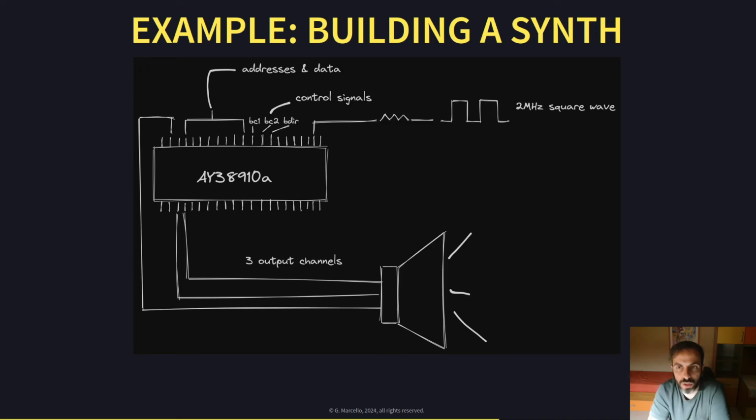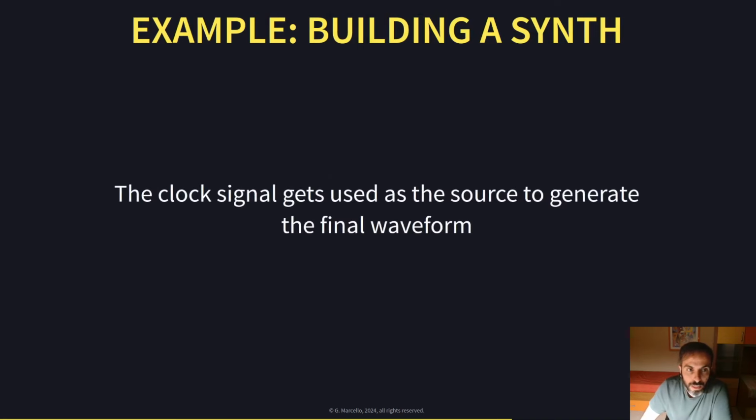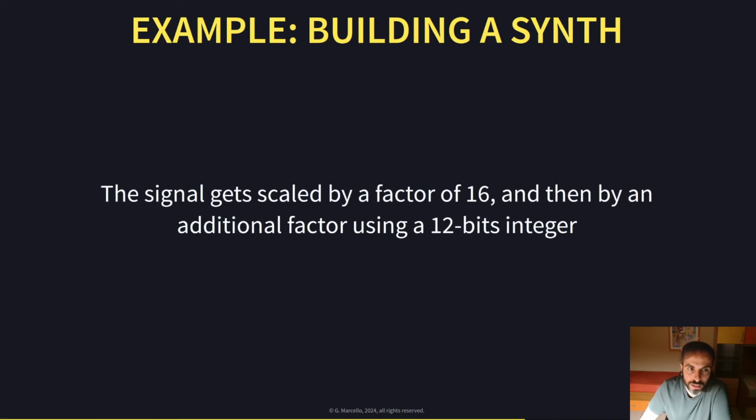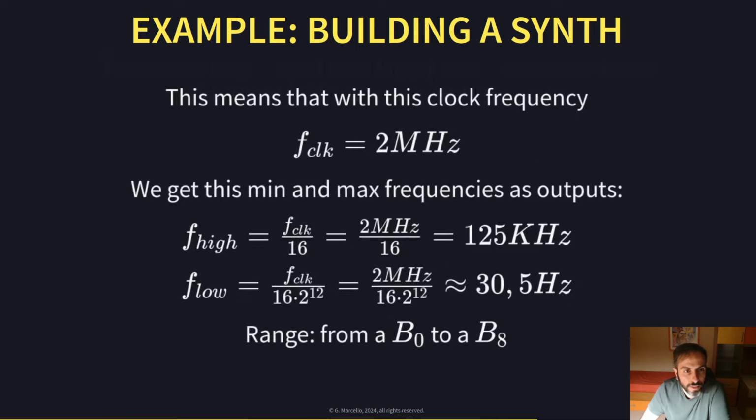And then you have a clock signal that you feed into the chip, that in this case I'm feeding as a 2 MHz square wave. The clock signal is important because it gets used as the source to generate the final waveform. The clock signal gets scaled by a factor of 16, and then by an additional factor depending on the value of a 12-bit integer that you pass through the data bus.